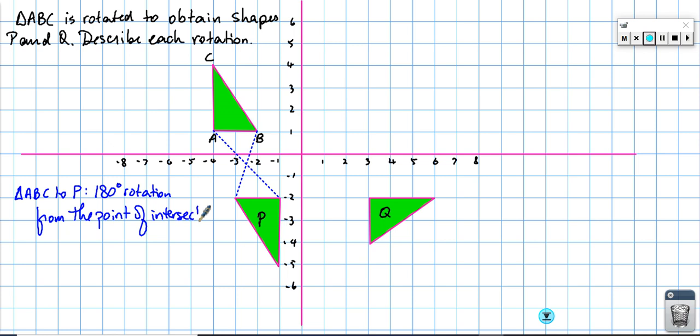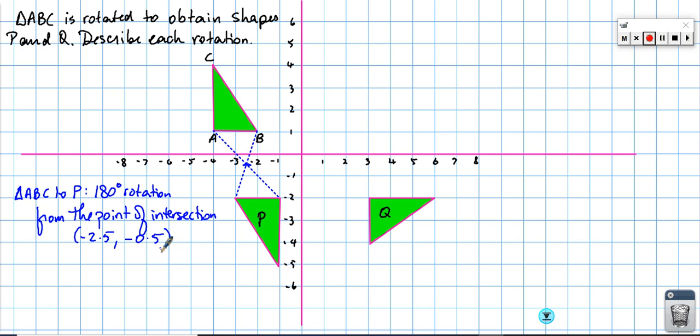Now the point of intersection in this case is minus 2.5, comma minus 0.5. So that was quite easy from one to the other. Now I'm going to show you how to find the center of rotation from the triangle to Q.